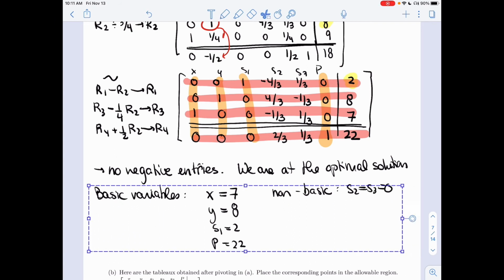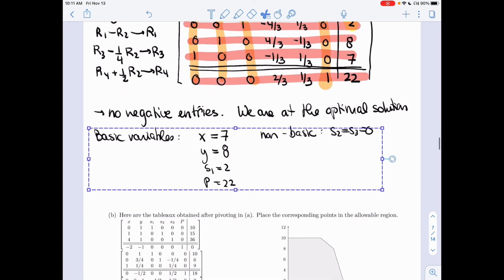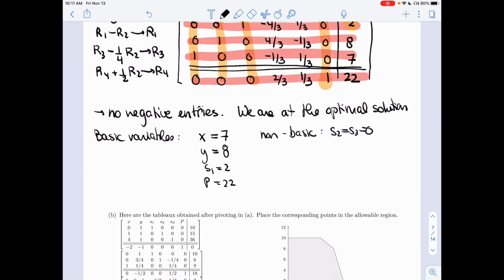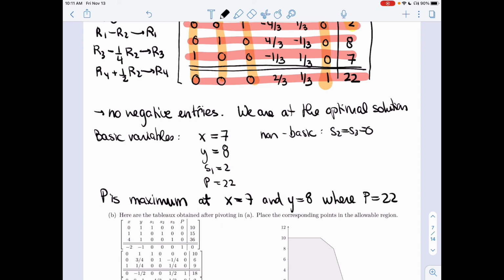All right, let me shrink this a tiny bit so I can add my conclusion. So here the conclusion is P is maximum at x equals 7 and y equals 8, where P is 22.